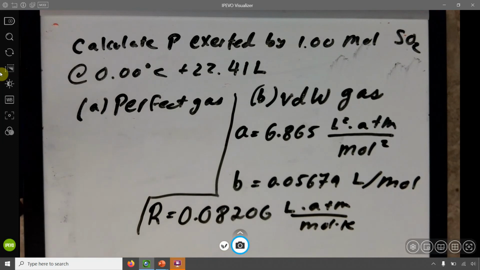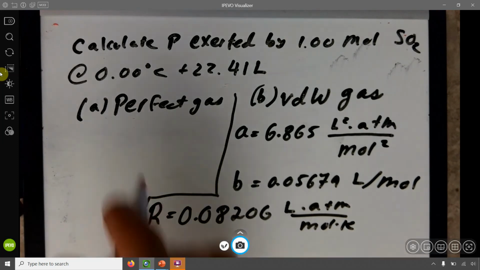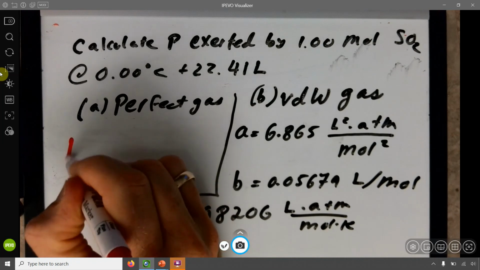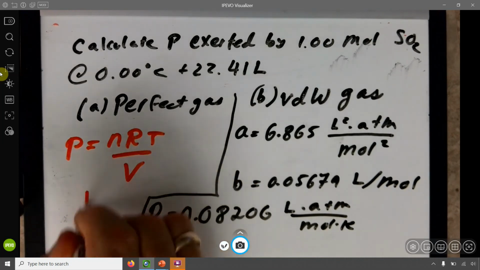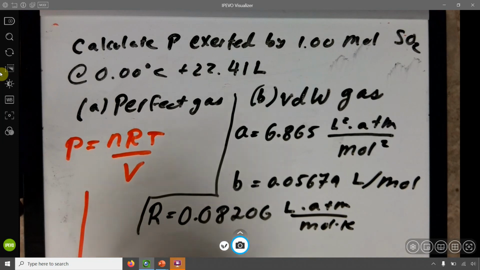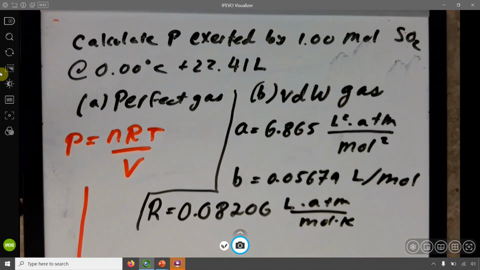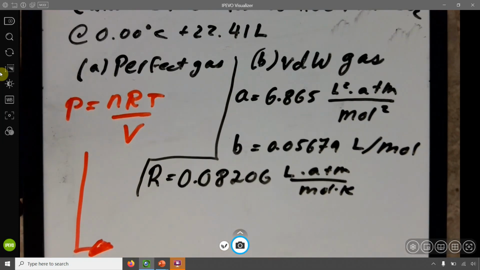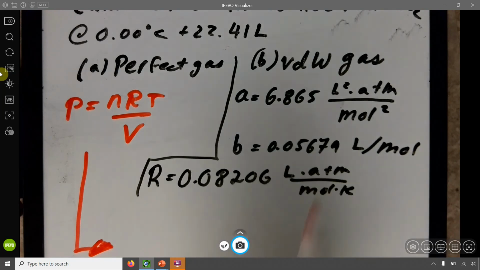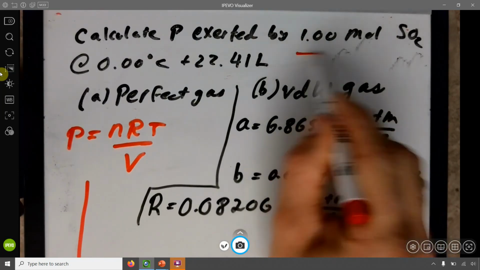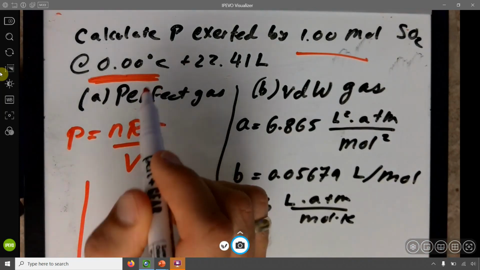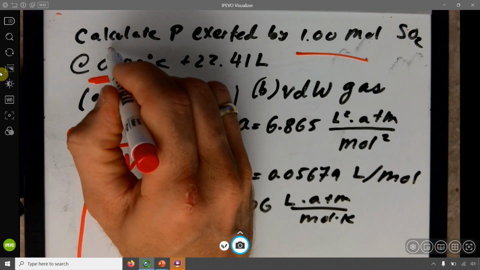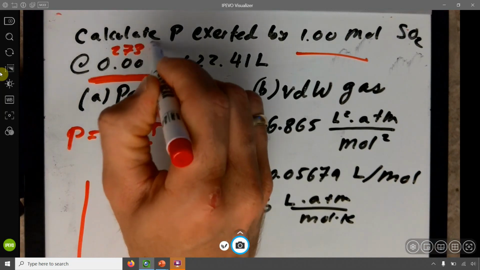So for the contrast, here P is equal to nRT over V. Okay, so let's substitute it in here. I give you the fact that it's 1 mole. I give you 0 degrees Celsius, which means you have to convert it to Kelvin always. And that's pretty easy. This is 273 K.